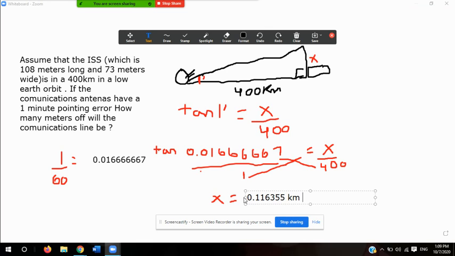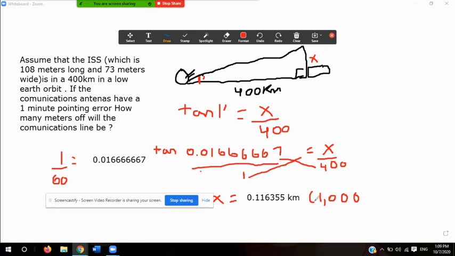So remember, basically, what we're going to do to this final answer is multiply it by 1,000, because remember, 1 kilometer has 1,000 meters. So I'm going to take this answer and multiply it by 1,000. Basically, if you guys want to review what we did in chemistry, we're reviewing the conversion factors.